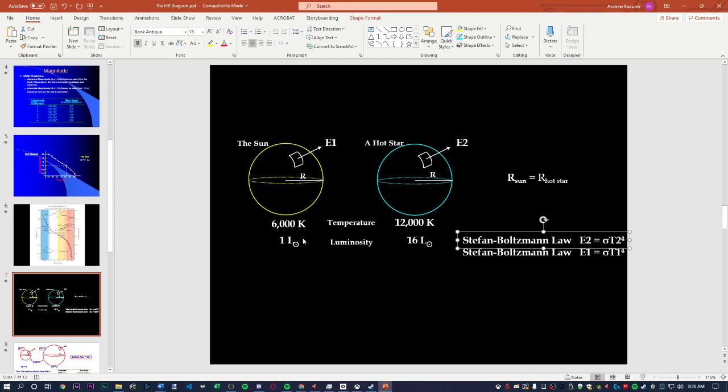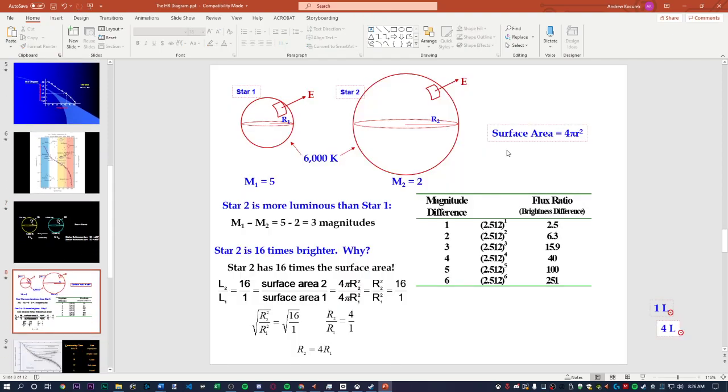Okay, hopefully you followed that. Hopefully I explained it as well as I could. Okay, here's something a little bit different, and this is what you're going to have to do in your lab. Similar idea, but slightly different. You need to know the radii of the star if it's brighter.